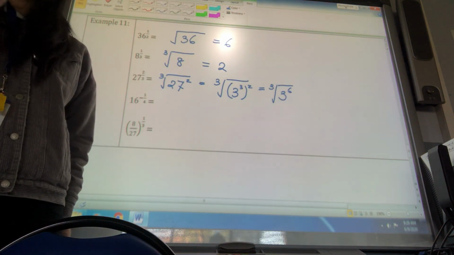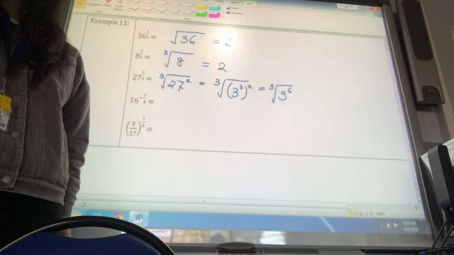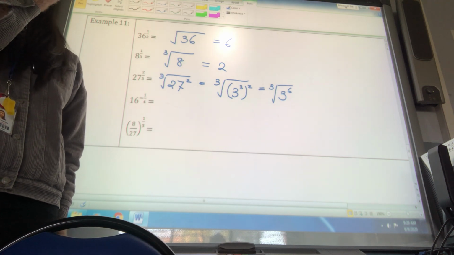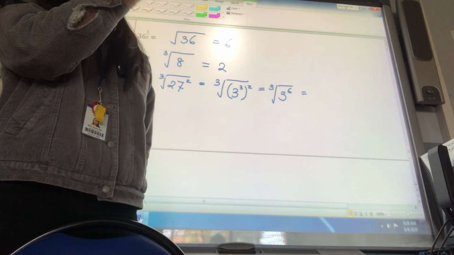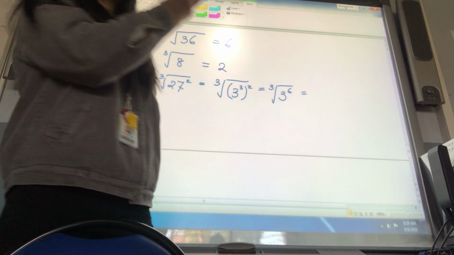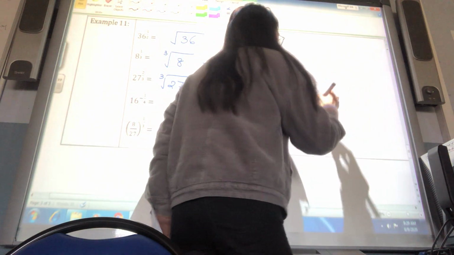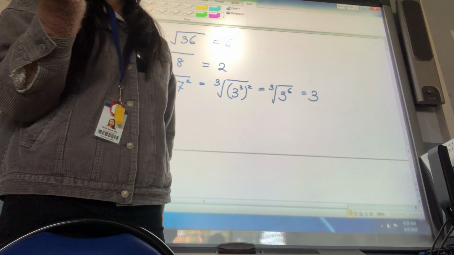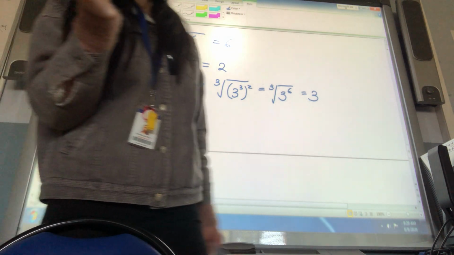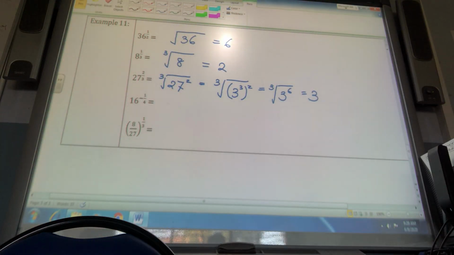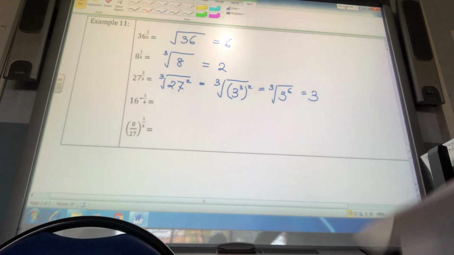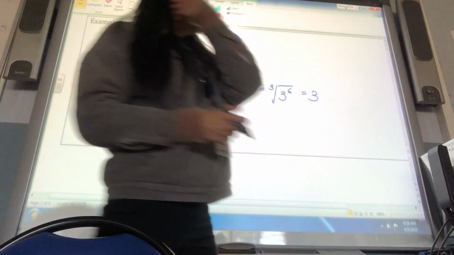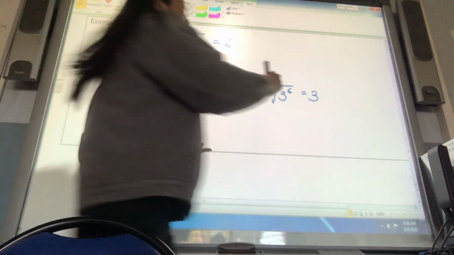Now, can I rewrite the whole thing as an index? So it's cube root of 3 to the power of 6. If I want to rewrite it as an index, first of all, what is the base? The base is going to be 3. And the power is going to be a fraction because it's a third.